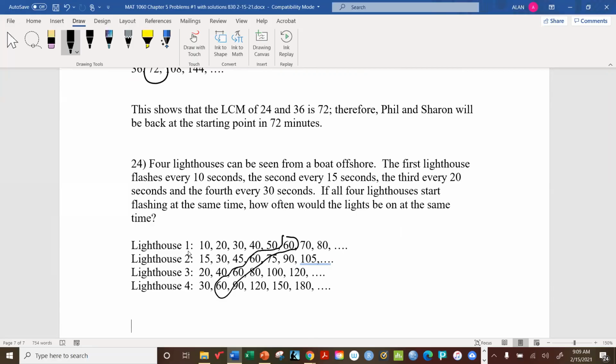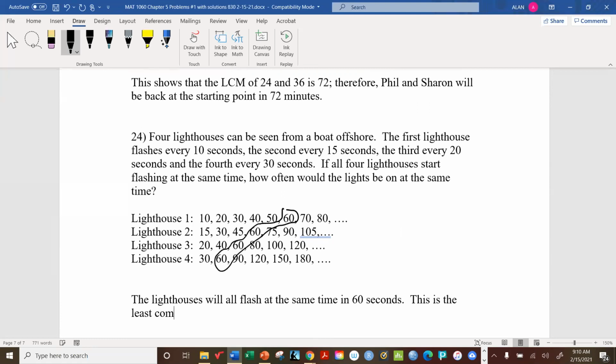Okay, so here, the lighthouses will all flash at the same time in 60 seconds. And this is the least common multiple of 10, 15, 20, and 30.